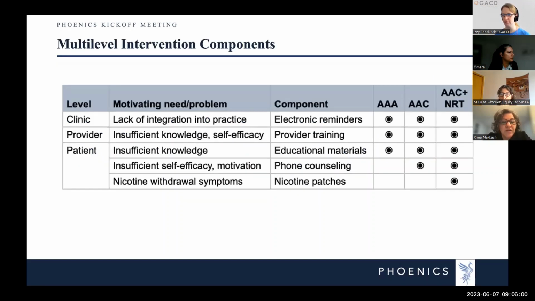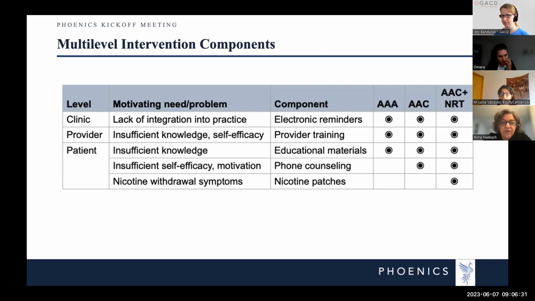So it's a multi-level intervention with components at different levels, thinking about what the issues are at the level of the clinic, the provider, and the patient, and what components can be integrated in the various intervention arms: whether provider training is going to be needed, what educational materials need to be adapted, and how the intervention is going to be tailored to become a phone counseling intervention.